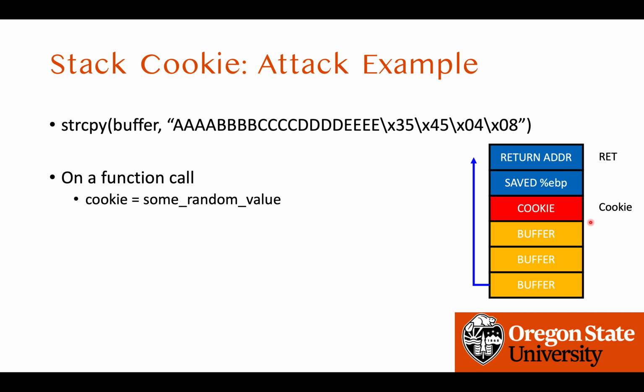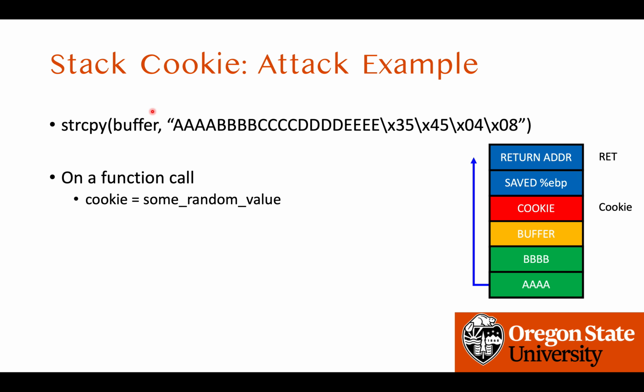The following is an example of detecting a buffer overflow attack using a stack cookie. At the function call, we store some random value here, at the cookie position, and then we supply this much long data to the buffer via string copy.